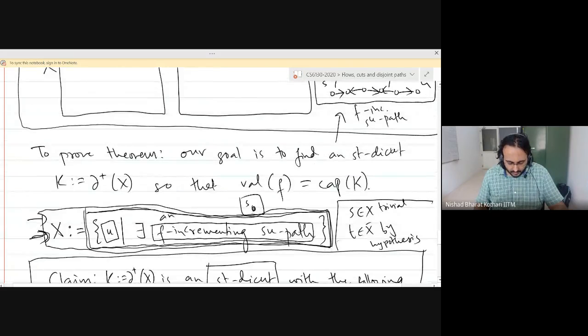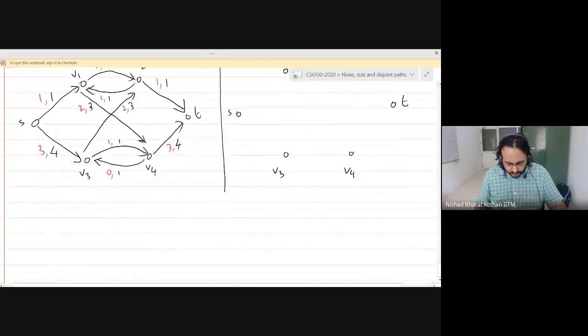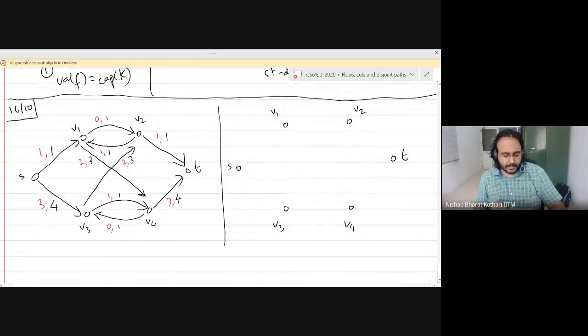Good. And you see, although we did not explicitly discuss an algorithm, in some sense, we already found the algorithm, right? What's the algorithm? Can anyone tell me?